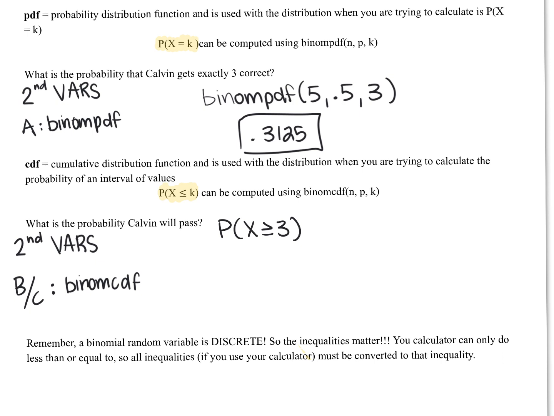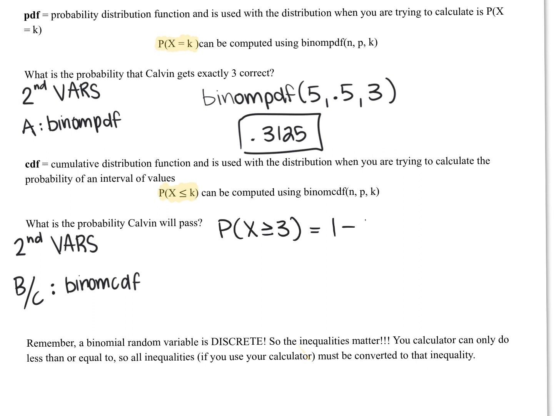Our problem says the probability x is greater than or equal to 3. So I can't just plug that in for the binom CDF because it's not a less than or equal to. The probability that he passes is the same thing as 1 minus the probability he fails, because the probability he passes plus the probability he fails have to equal 100%.